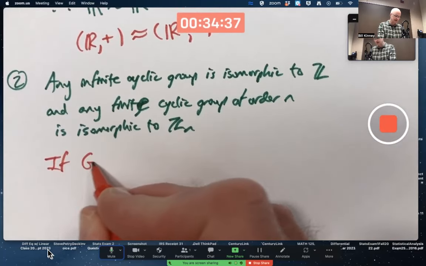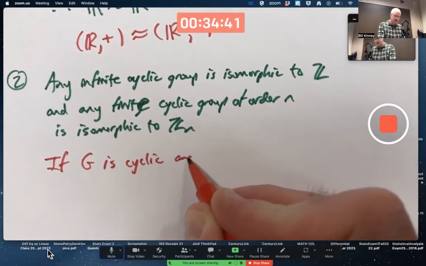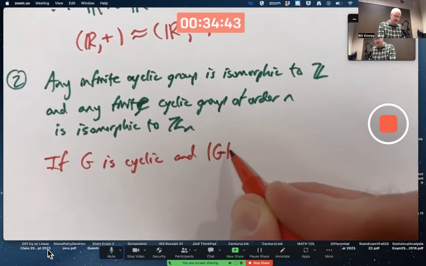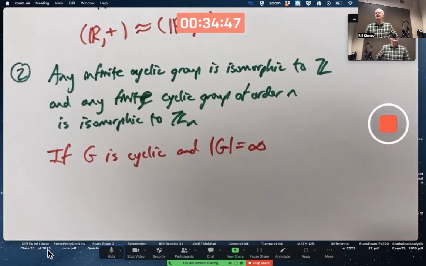For example, if G is cyclic and the order of G is infinite, to prove that it's isomorphic to Z, you'd have to come up with an isomorphism. I guess I didn't officially define isomorphic. I defined isomorphism.